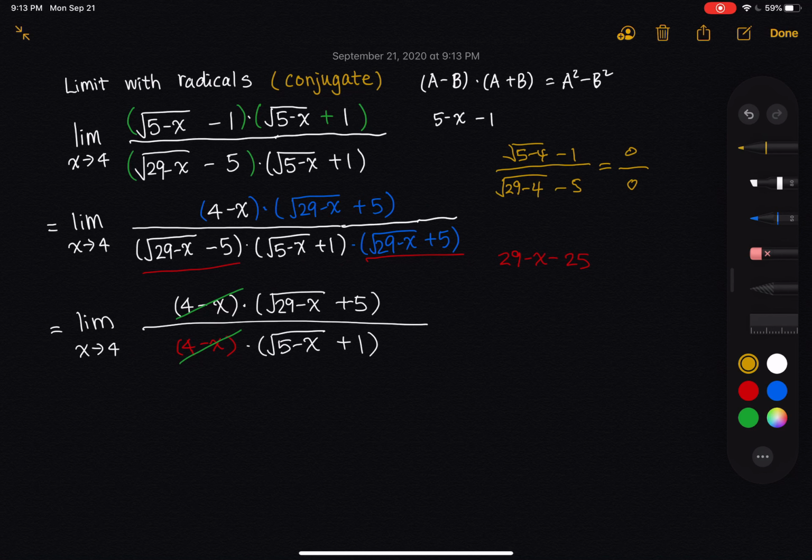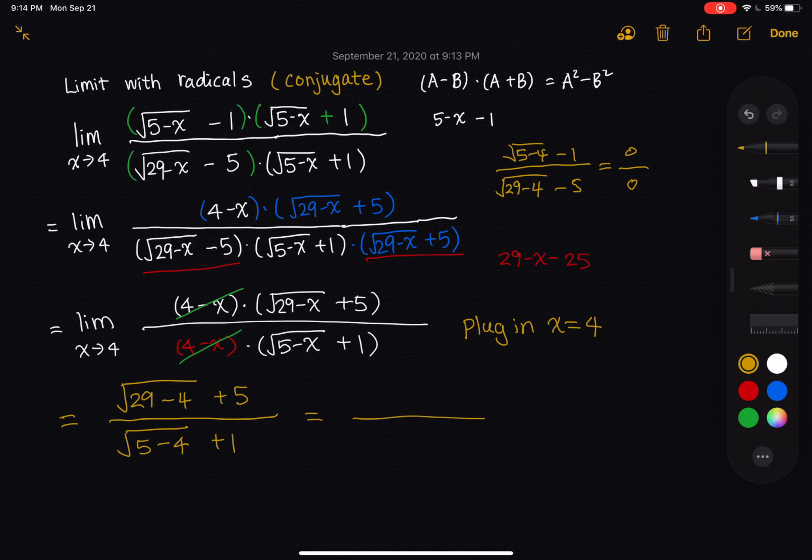Now in this case, after we transform the limit using the technique of conjugate, what advantage do we get? When we plug in 4, you will see it works this time. You get square root of 29 minus 4 plus 5 on the top, and in the bottom, square root of 5 minus 4 plus 1.